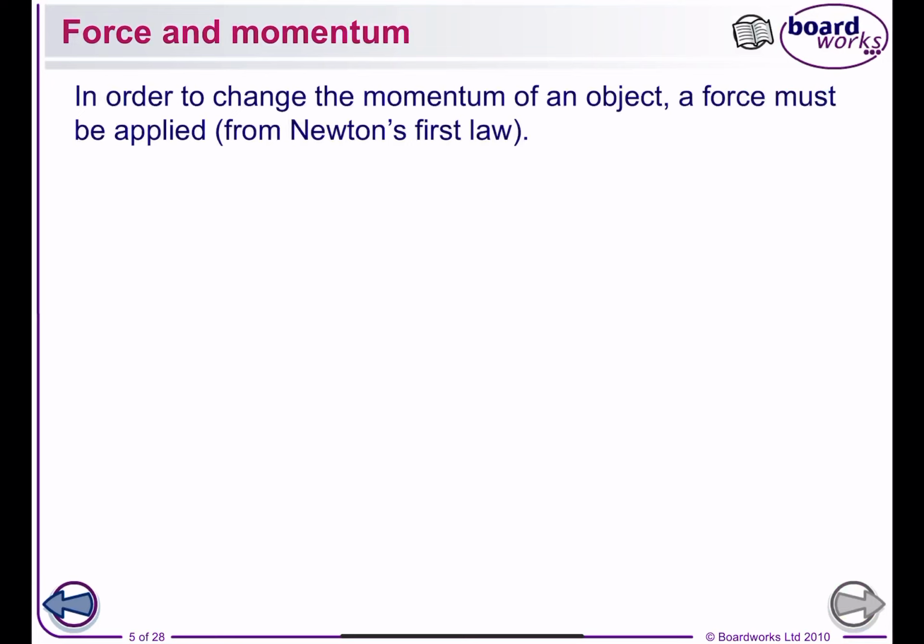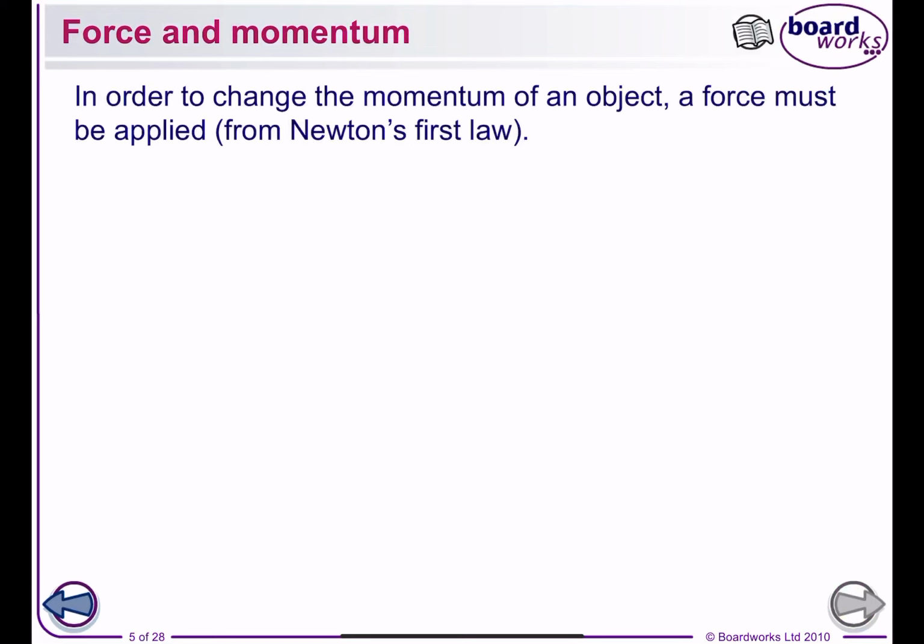So in order to change the momentum of an object, we need to apply a force. This is assuming we can't change its mass, of course. What we're going to need to do is change its velocity, and we know that the only way to change the velocity of something is to apply an unbalanced force.